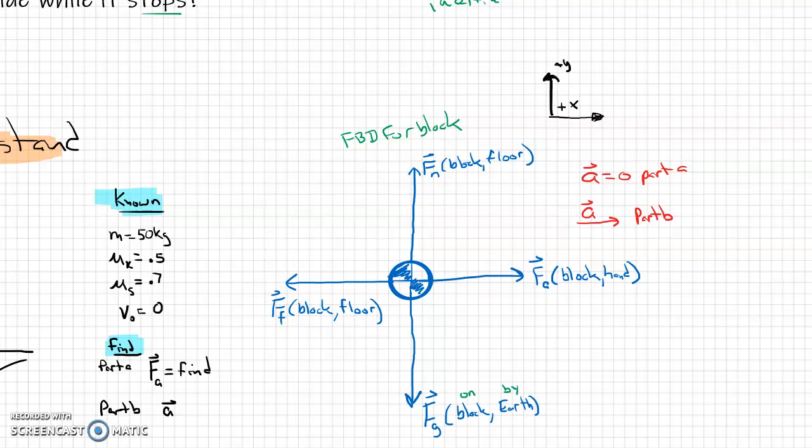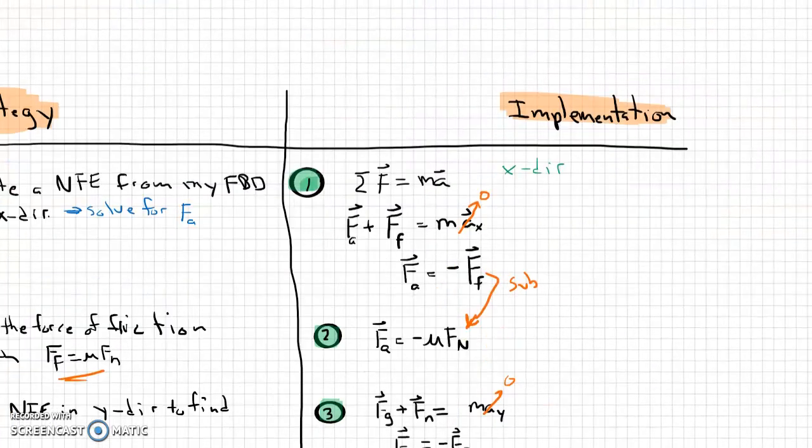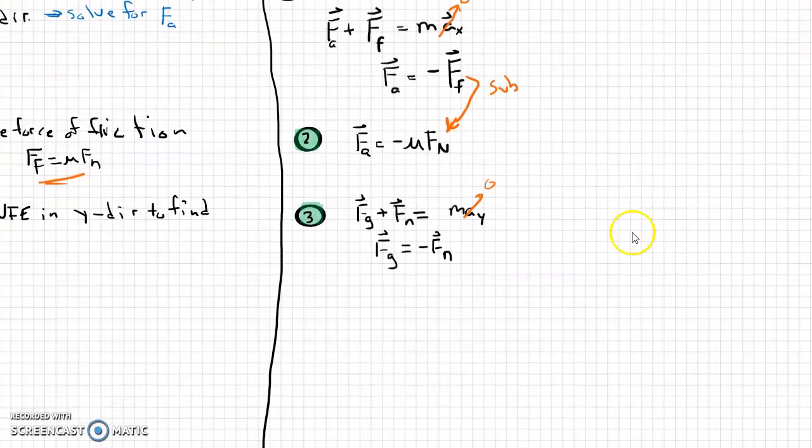That may come in handy later. But basically, in this case, since there's no acceleration in the y direction, again, it's not accelerating off the table or the floor or down into the floor, so its acceleration is 0. So basically, the force of gravity will equal the negative, or the opposite of the vector, the normal force.